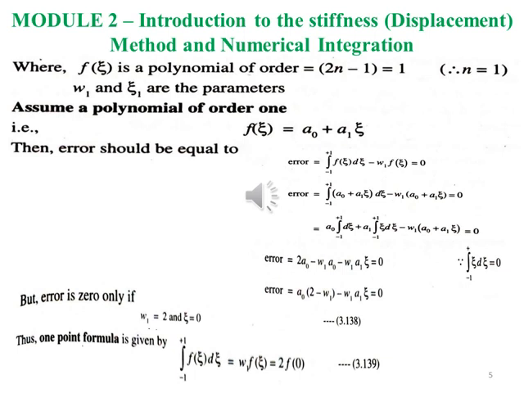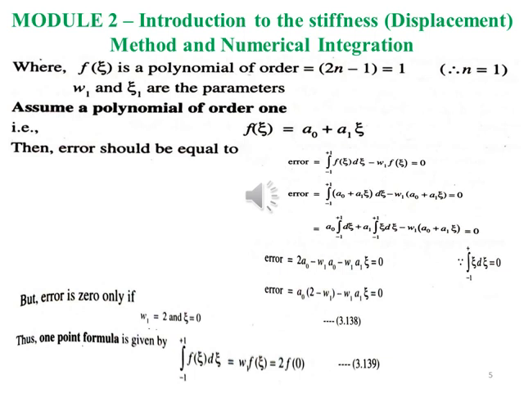So assuming the polynomial of the order 1, we get f of z is equal to a0 plus a1 into z. So the error should be equal to the integral from minus 1 to plus 1 of f of z dz minus w1 f of z1, which should be equal to 0.